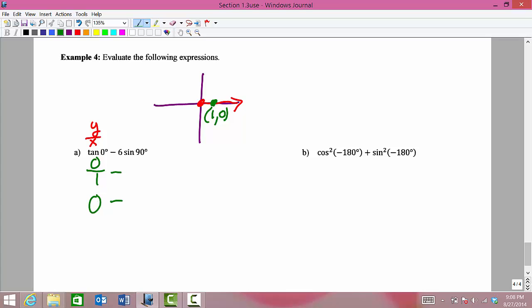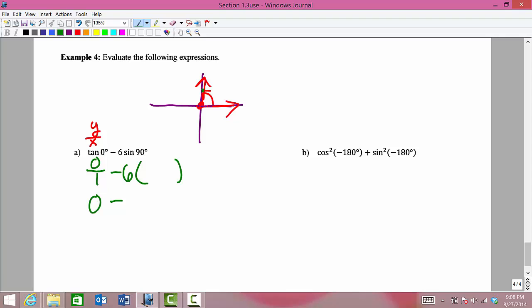Minus 6 times our sine value. So we want to find sine value of 90 degrees. 90 degrees in standard position.